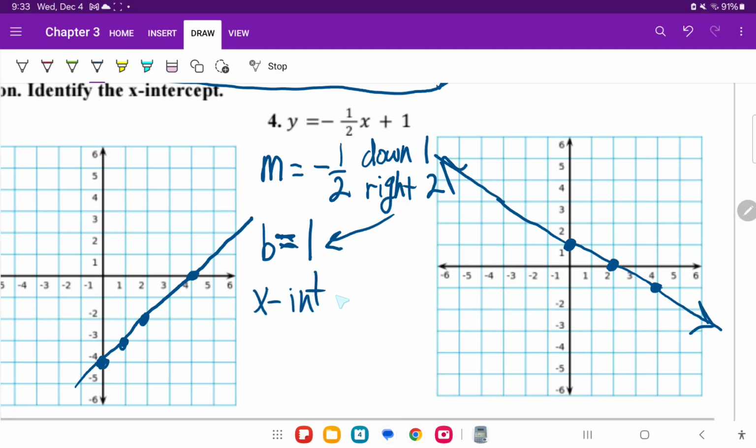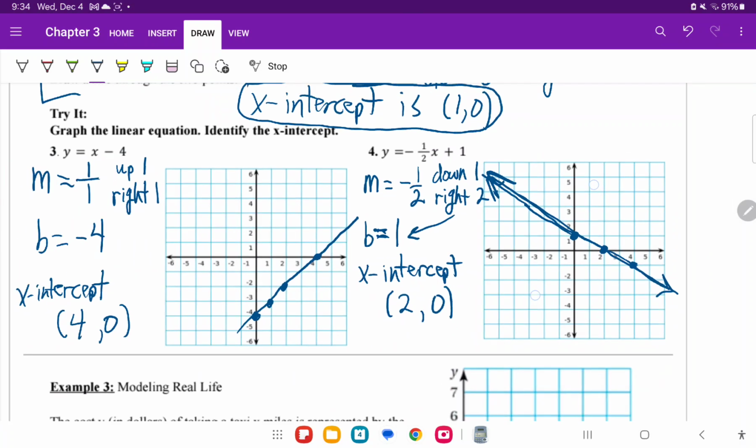So where does it cross the x-axis? It's going to be right there at (2, 0). Don't like the line I did very much. Anyway.